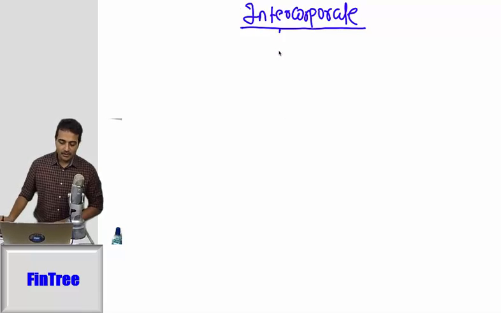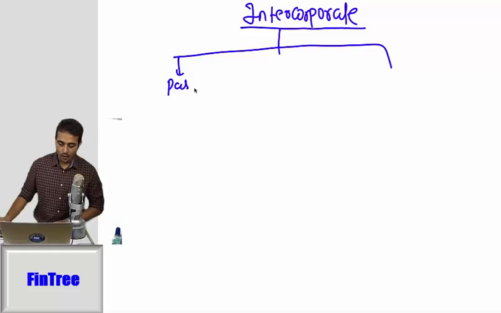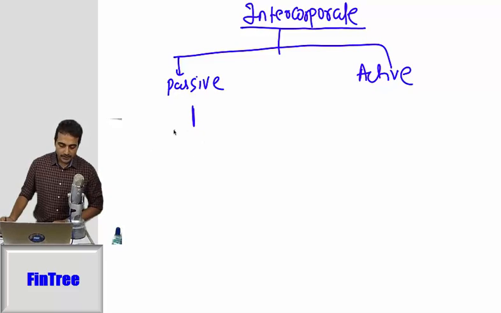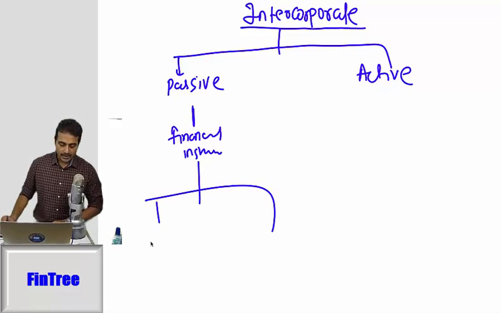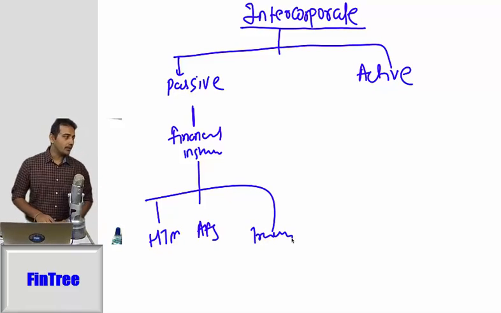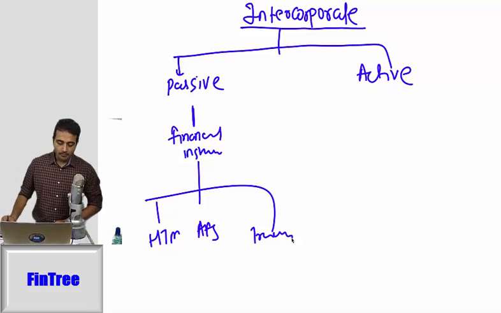So we started by saying either your investments could be passive or they could be active. In passive, we said investment in financial instruments. We divide them into 3 parts: HTM, AFS and trading, or designated to fair value. HTM on balance sheet we show at amortized cost.